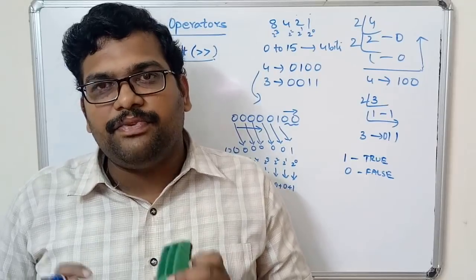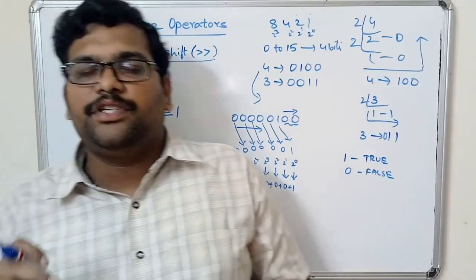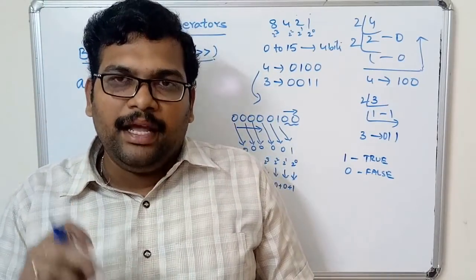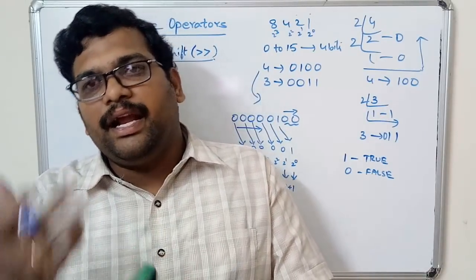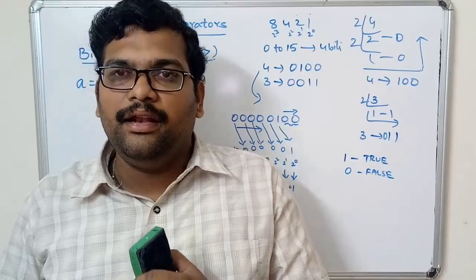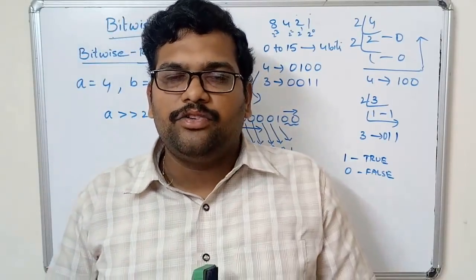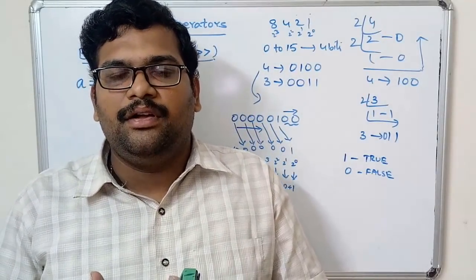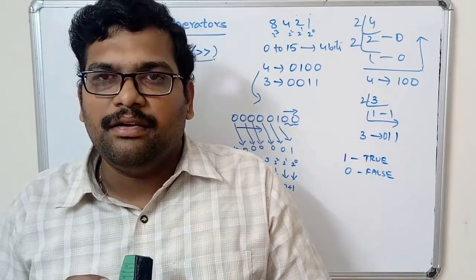For that purpose, first we need to take a value in decimal form, convert it into binary format, and then apply the operation. So we will get the binary equivalent, and again that will be converted into decimal format. This procedure will be done by the compiler itself, so we need to cross check after getting the result.